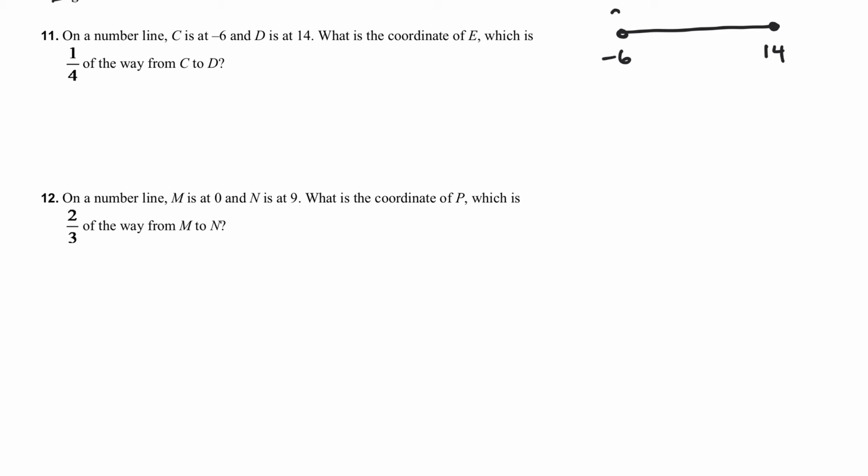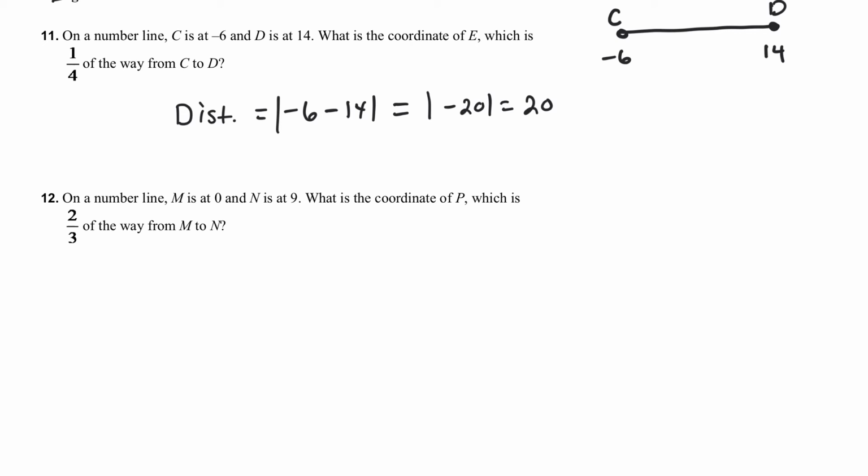So this is C, and this is D. So I got to find the distance, right? So I'm going to find the distance. So I have negative 6 minus 14.